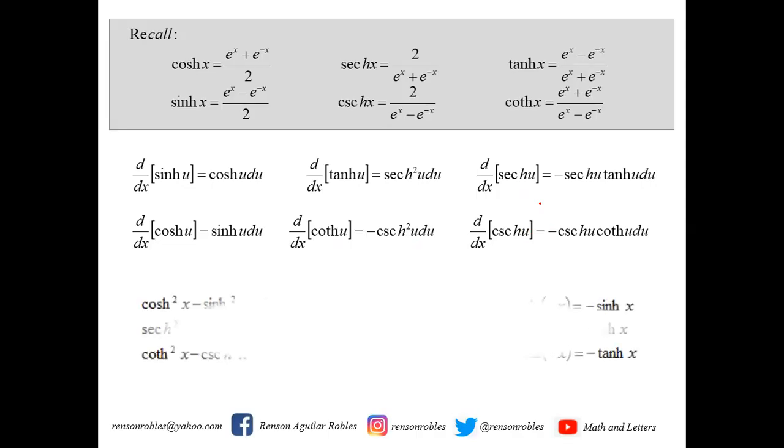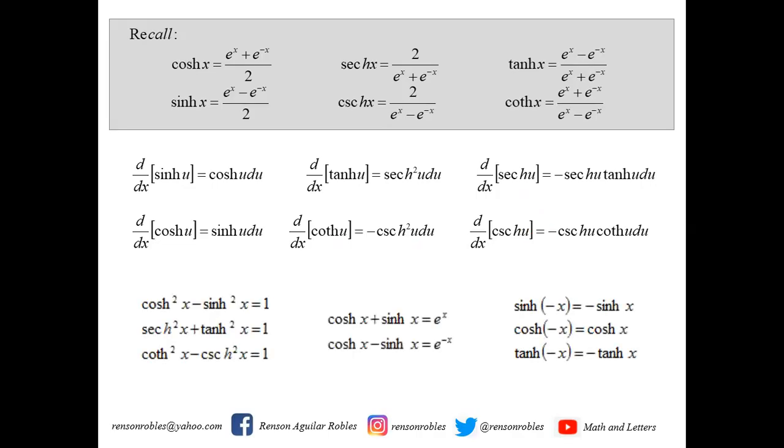Some of the notable properties of hyperbolic functions are listed here, and we might use them in evaluating integrals of some hyperbolic functions. Remember that in circular functions, the identity is cosine squared x plus sine squared x equals 1.